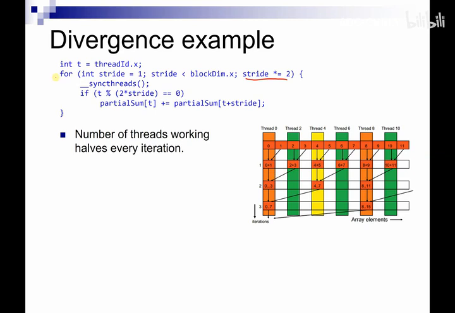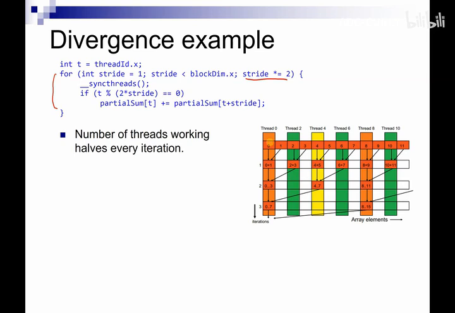We're going to run a for loop for basically log n rounds, where in each iteration the stride is going to double. In each round, we take the threads such that their thread ID modulo 2 times the stride is 0.